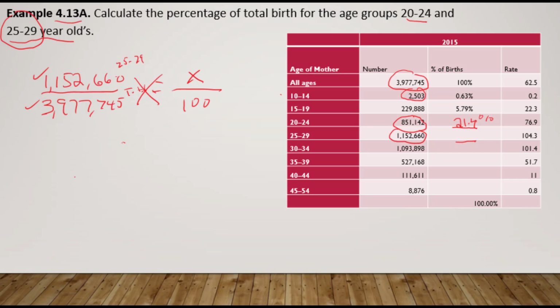If you did it correctly, or if I did it correctly, I am getting 28.977. Rounded to the nearest tenth, that would be 29%. So I'll put that in here.